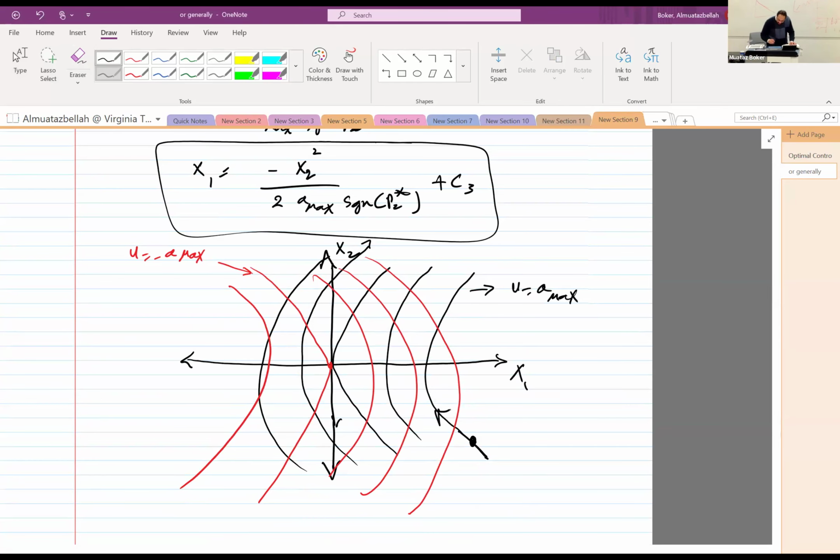These are just example trajectories, but there are infinite trajectories, infinite possibilities, I should say. The black ones are like this, and the red ones are like this, going like this. This is what we call the phase portrait.